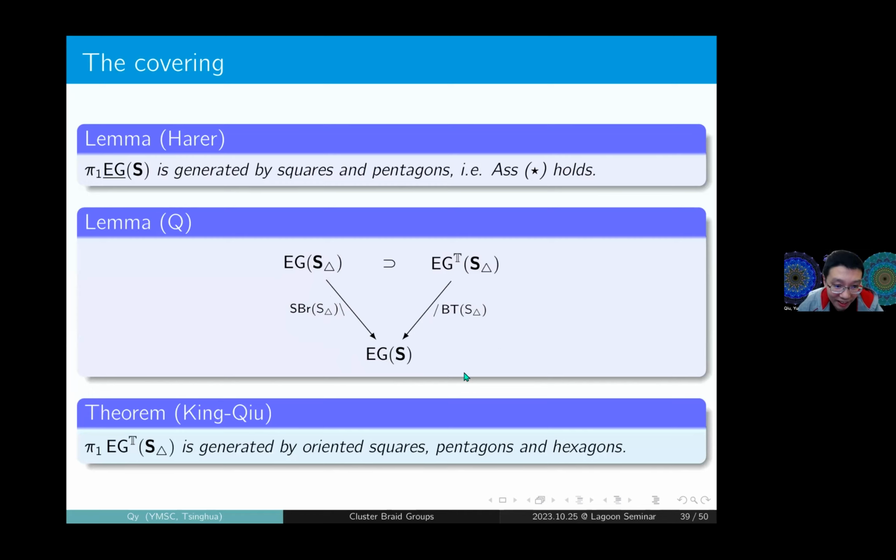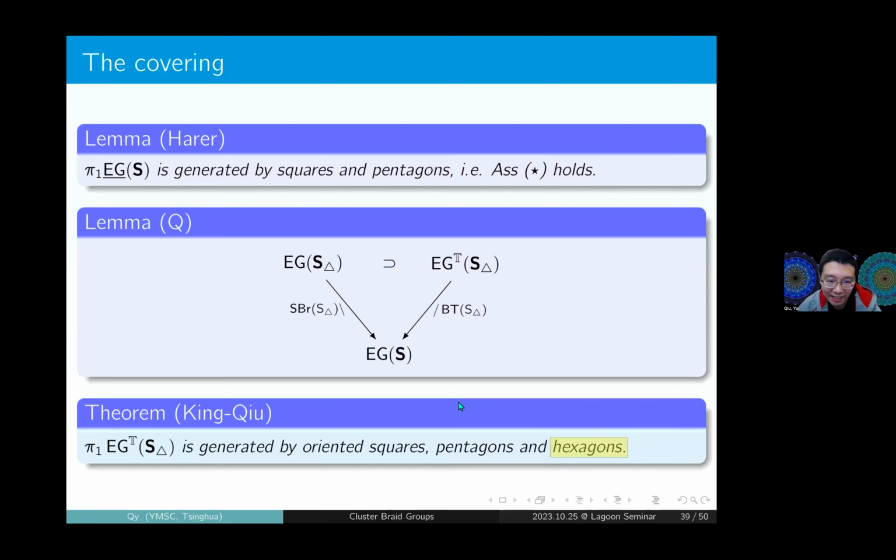And moreover, a key thing is that for this unoriented classic exchange graph, we know it's generated by square and pentagon. And surprisingly, if you take the decorated triangulation, the exchange graph of that is much bigger. It's still generated by square and pentagon, and also a technical hexagon.